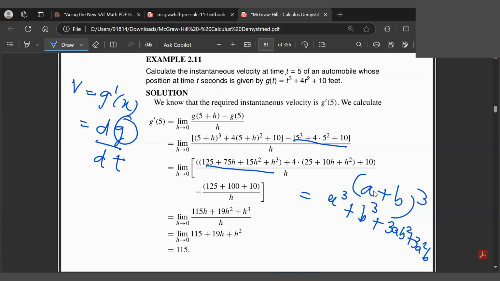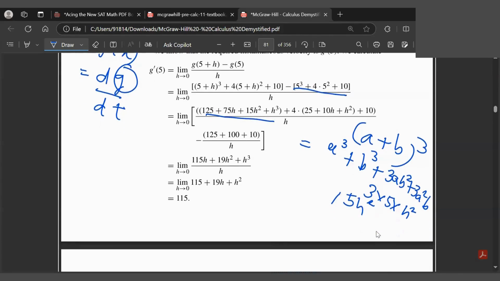So now what is (a plus b) whole cube? a cubed plus b cubed. Here 5 cubed is 125, and b cubed, that is h, is h cubed. Then we have 3ab squared, that is 3 into 5 into h squared, so we get 15h squared.